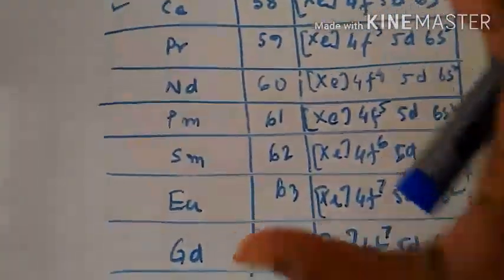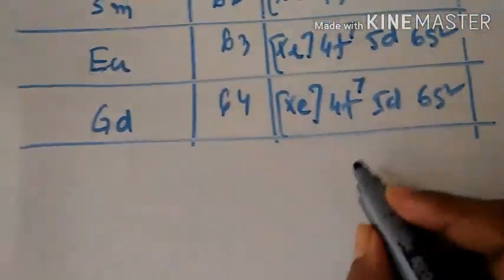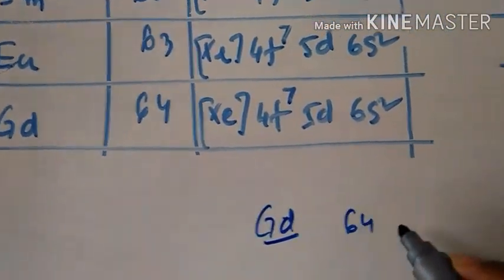Now what about D? Say for example if we take gadolinium. For gadolinium you can see total 64 electrons are there.